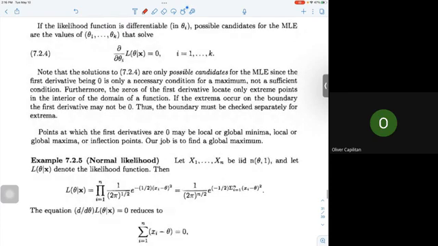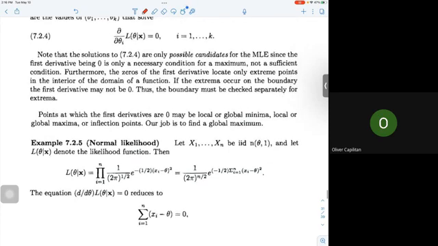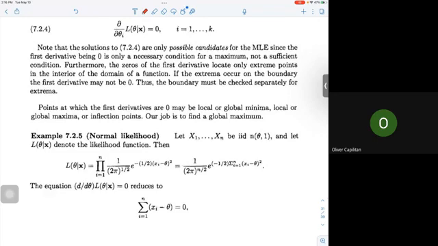Furthermore, the zeros of the first derivative locate only the extreme points in the interior of the domain of the function. Only the extreme points, that would mean we could only find the local minimum or the local extremum, and then we're on the boundary of our likelihood function.